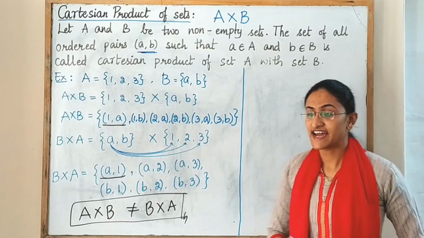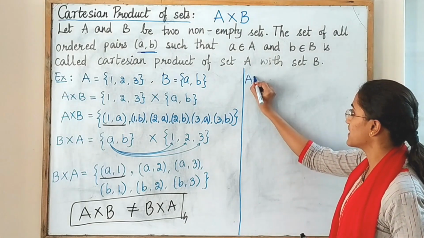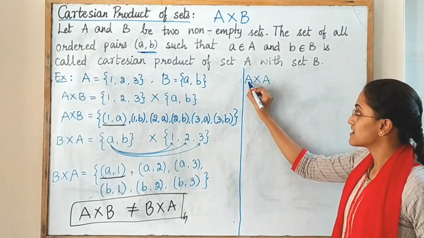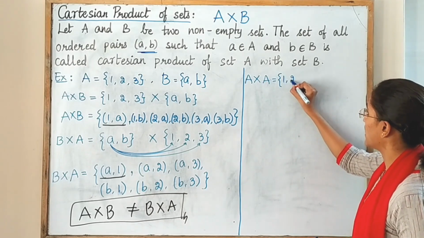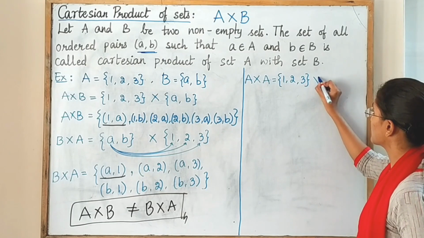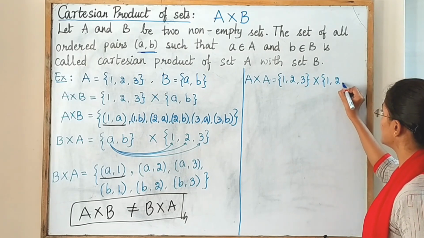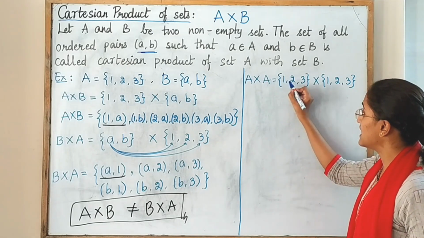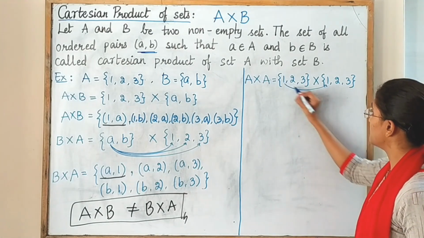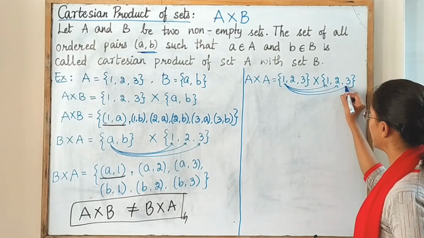Now we shall try to find the Cartesian product of A cross A. Consider the same set twice. A is nothing but {1, 2, 3} cross the same set {1, 2, 3}. Now go on connecting every element of A to every element of the second set A itself.